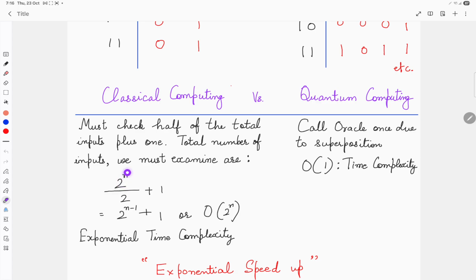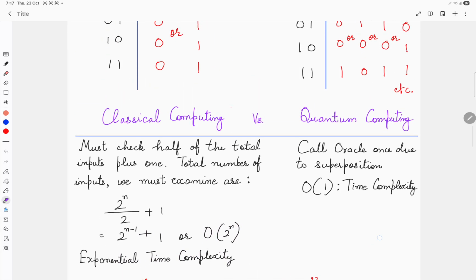That means 2 raised to the power n is the total number of inputs, divided by 2 is half of the inputs, and if we check 1 more input, we can know whether the function is a constant function or a balanced function. So therefore it is 2 raised to the power n minus 1, plus 1. So if we portray the complexity of classical computing, it is big O of 2 raised to the power n. So this is an exponential time complexity.